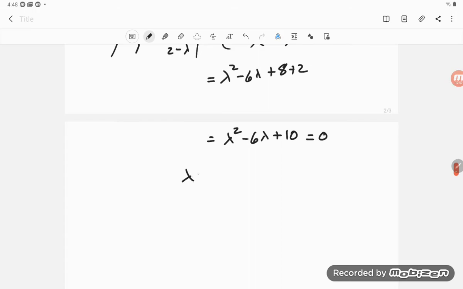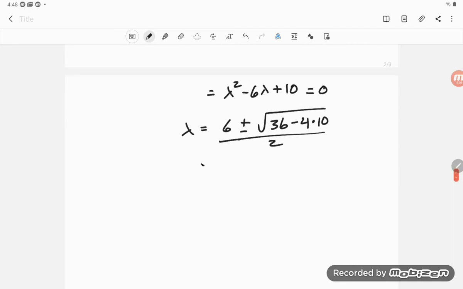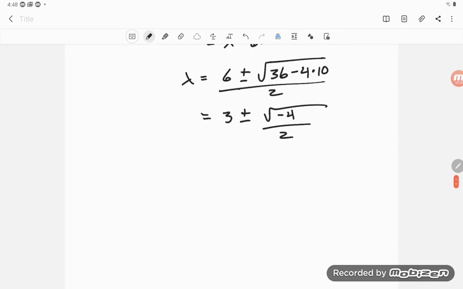So I get that lambda is equal to 6 plus or minus the square root of 36 minus 4 times 10, all divided by 2. And so that's 3 plus or minus the square root of negative 4 over 2.